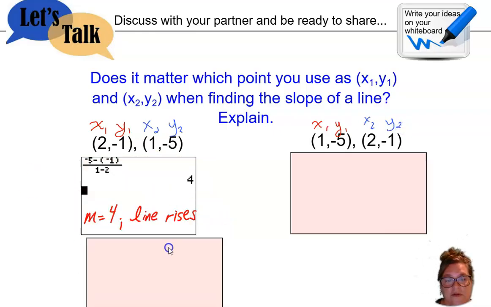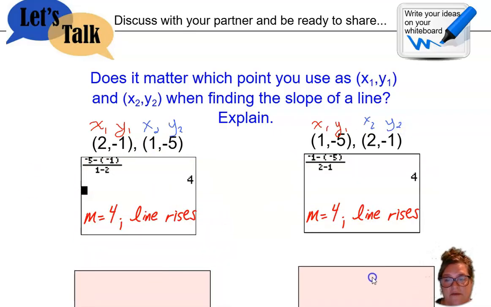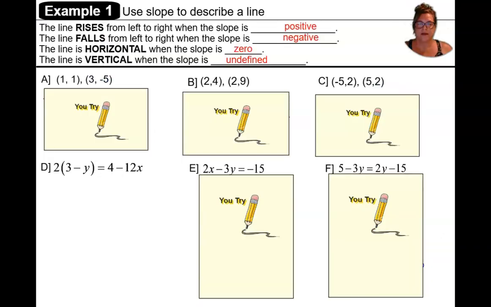So when we perform those calculations, using the alternating points as the x1, y1, both situations we end up with a slope of 4. So it doesn't matter which point you choose to be your x1, y1, and which you choose to be your x2, y2, you'll get the same slope either way.